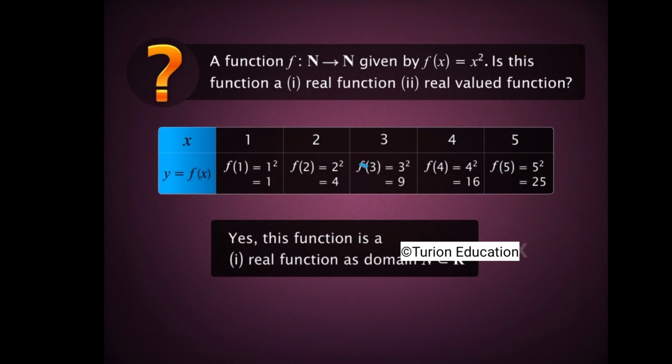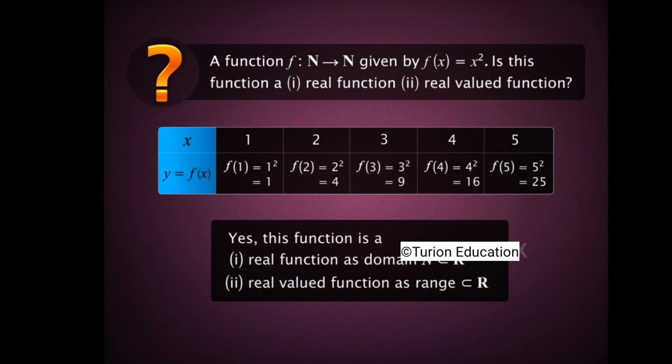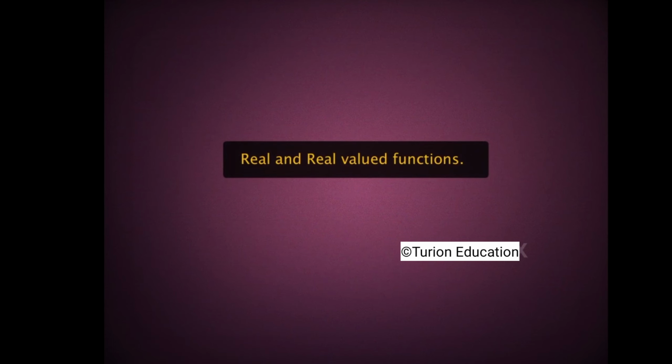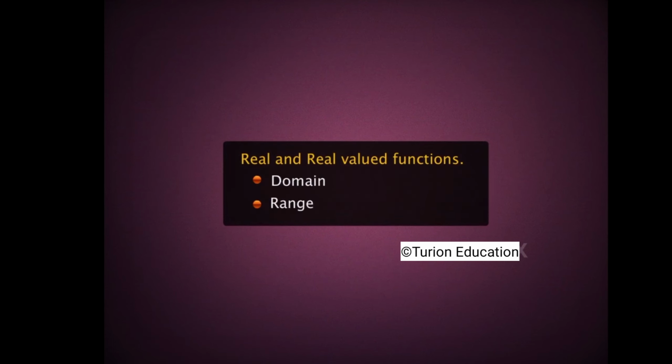So this function is a real function because its domain is the set of natural numbers, which is a subset of the set of real numbers. It is also a real-valued function as all function values too are natural numbers, a subset of the set of real numbers. Here we shall deal with real and real-valued functions and learn how to find the domain and range for these functions when they are given as an algebraic rule.